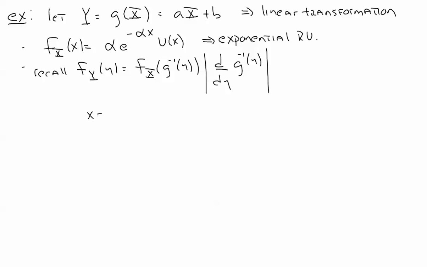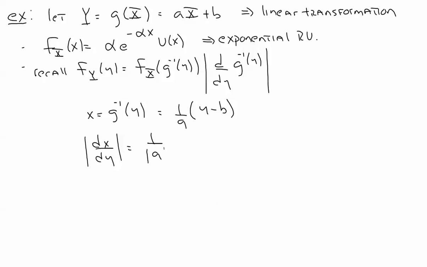So x equals g inverse of y equals, very simply, 1 over a times y minus b. That's it. And so the absolute value of the derivative is 1 over the absolute value of a. And strictly speaking, a can be positive or negative. We're going to look at both cases.